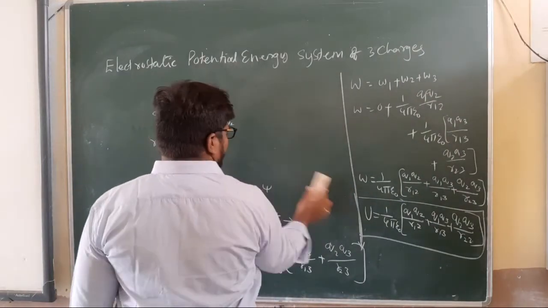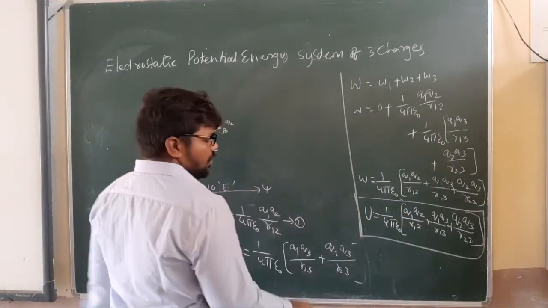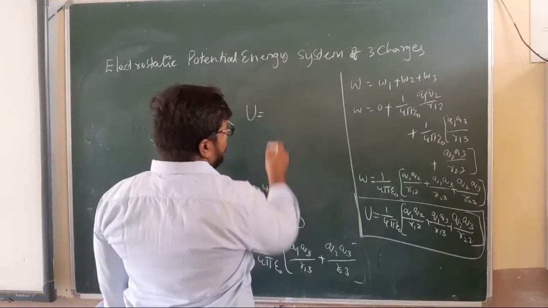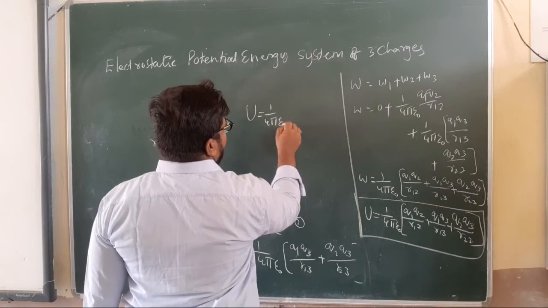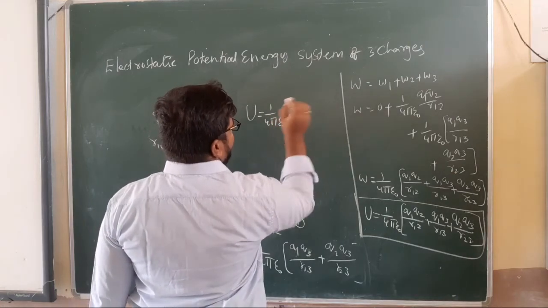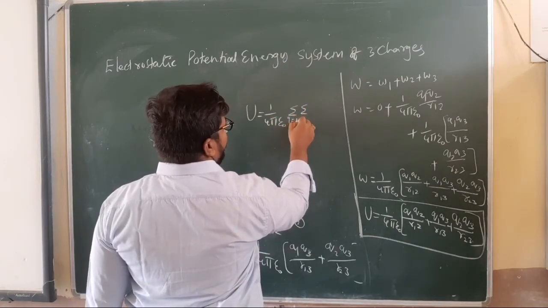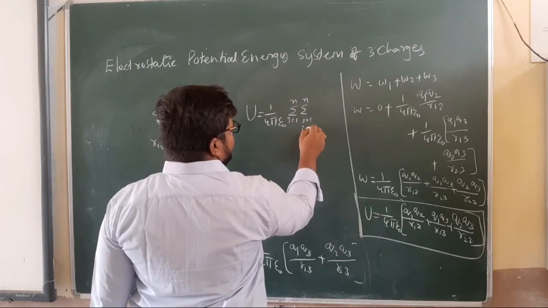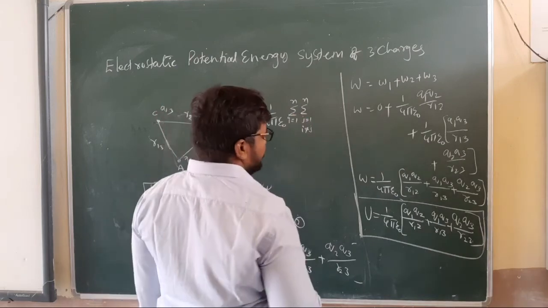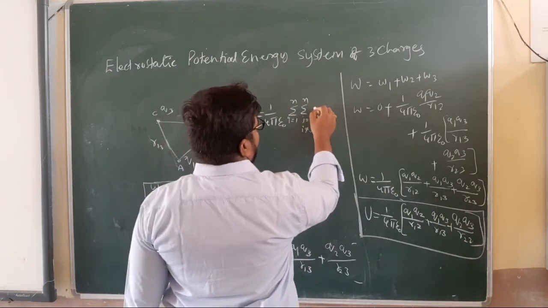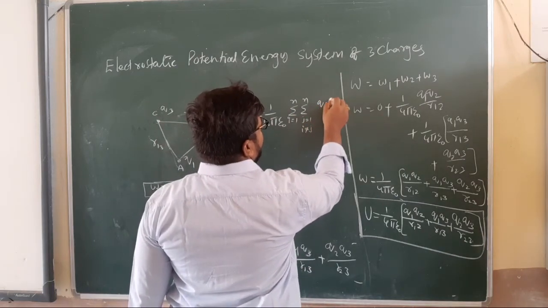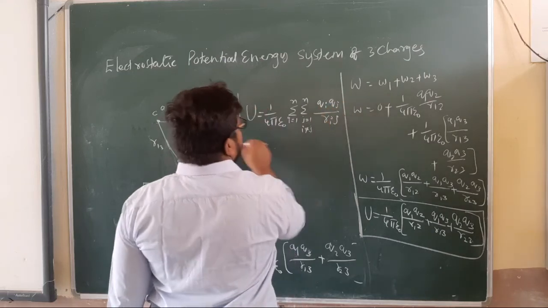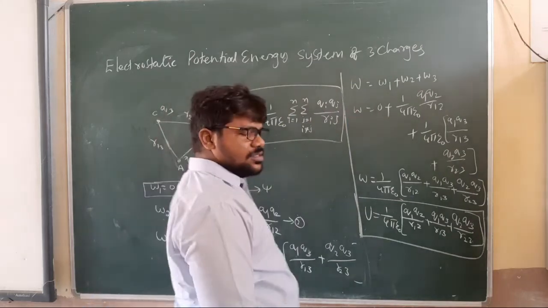So how can we write? See, the common formula: U is equal to 1 by 4 pi epsilon naught summation, i is equal to 1 to n, j is equal to 1 to n, but i is not equal to j, Qi Qj by Rij. This is the common formula.